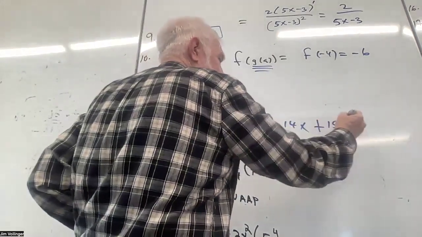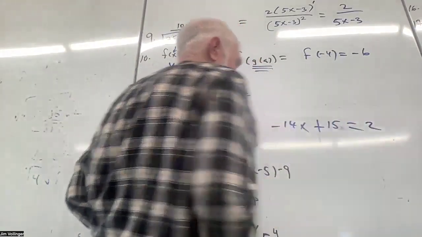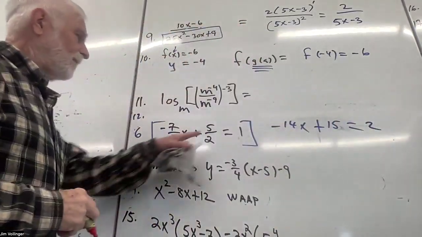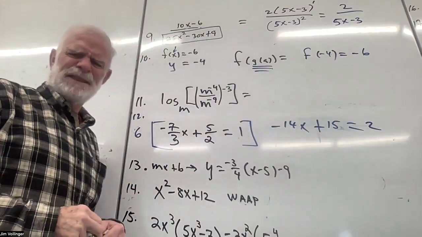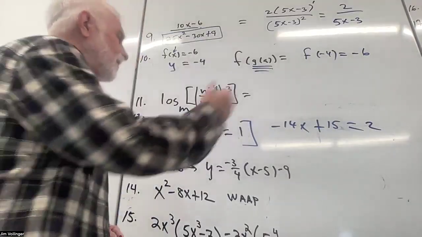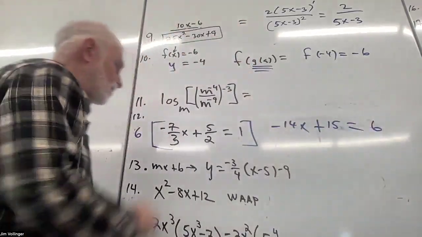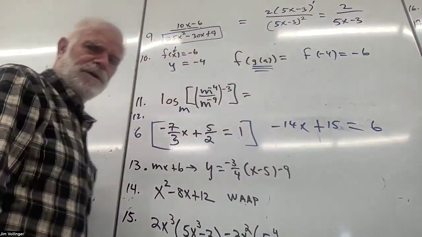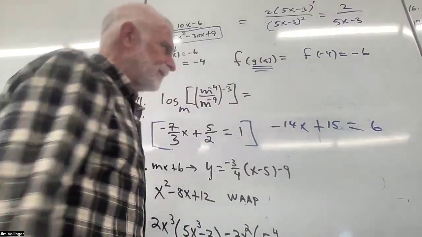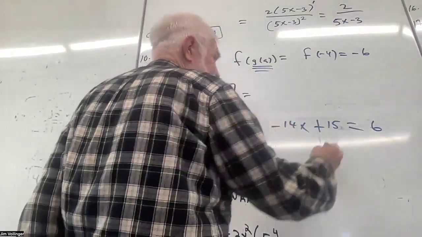And I made a mistake. So it's a good thing I'm doing this out. I usually do it out. Equals 2. For some reason, talking to you, I made that into an x value. Don't know why. Age. Senility. Yep. So now that I did that, and that's 6, right? If I multiply by 6, that's what I should have got. I don't know what that 2 was over there. More senility. All right. So I did see x equals, and now I can see that it's not that.